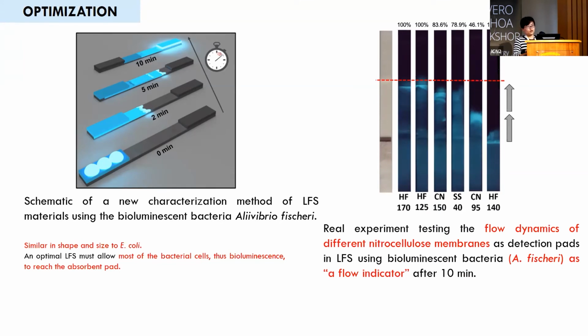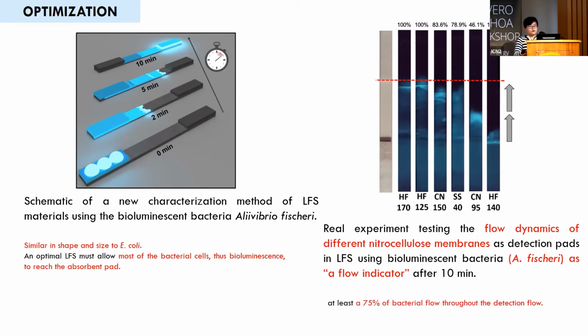Here is the real experiment testing the flow dynamics of different nitrocellulose membranes as detection pads in lateral flow strips, using Aliivibrio fischeri as the flow indicator over 10 minutes. From here you can see that for this one, at least 17% of the bacteria flow through the detection pad.